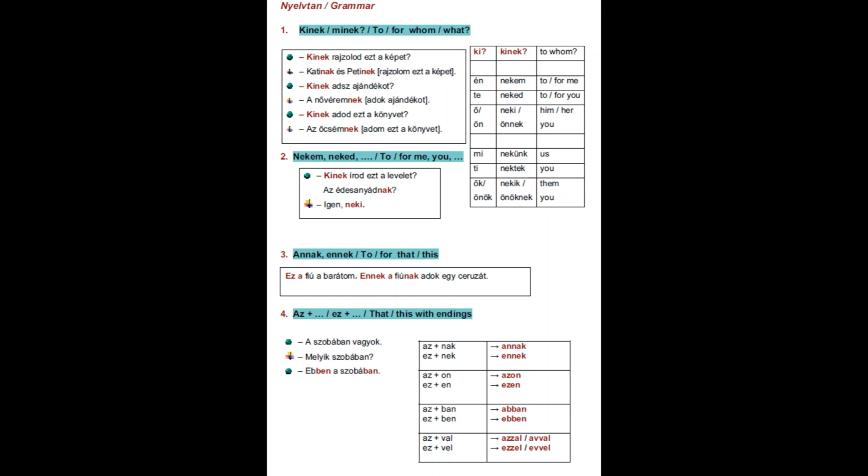This picture, who are you drawing it for? Okay? So in English, we can kind of switch it around as well. But, kinek rajzolod ezt a képet? Who or for whom are you drawing this here picture? Right? Okay, so let's get on to the next one.